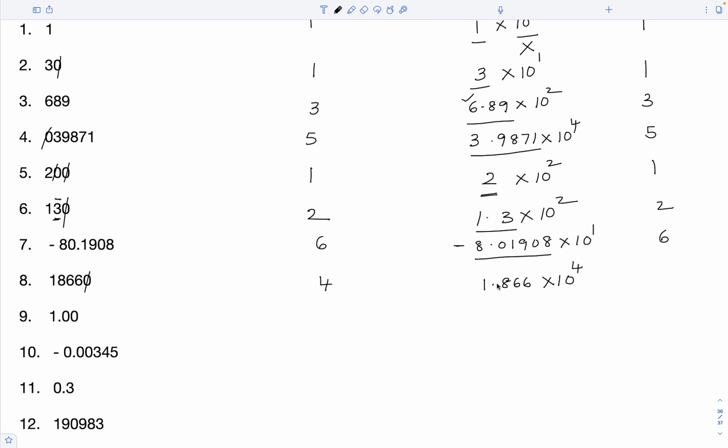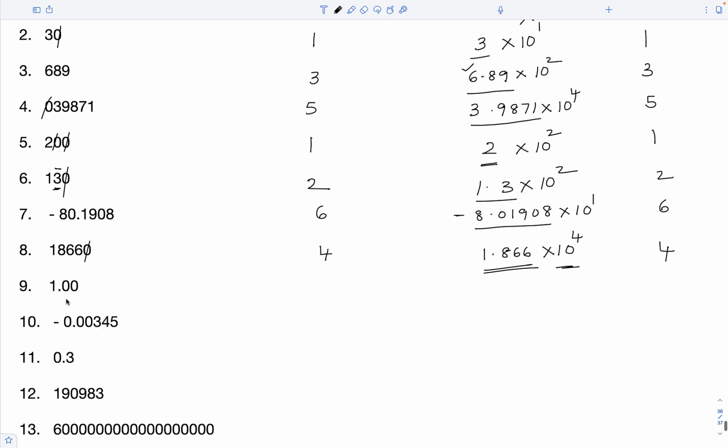That is, you have to move the decimal point by 4 places to the right. So you will get back this number. So this is right. And by looking at this significand, we can easily understand that there are 4 significant figures. And the number of digits in the significand is also 4.